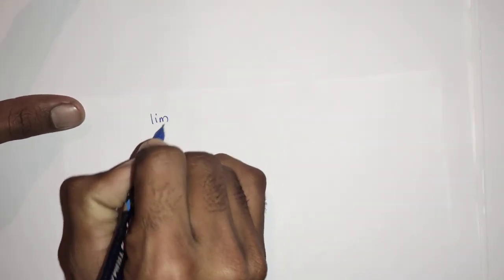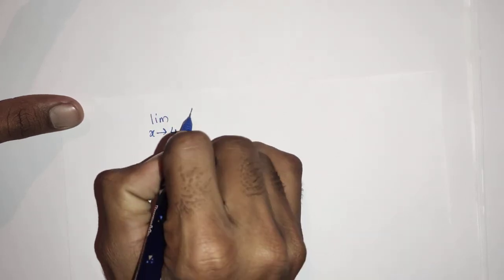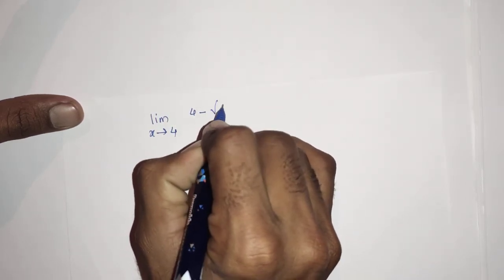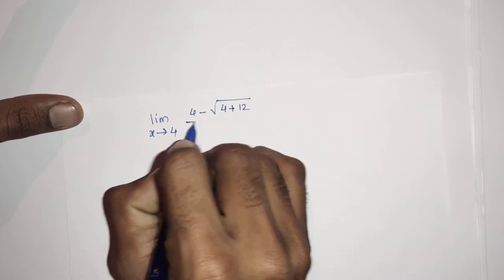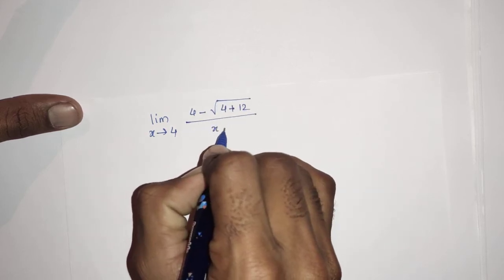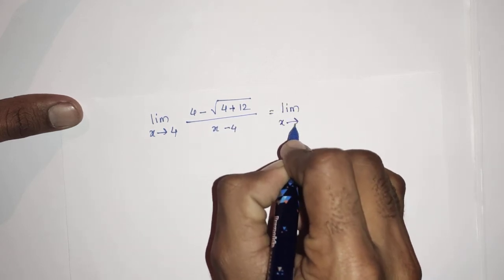Limit x tends to 4, 4 minus square root of x plus 12 divided by x minus 4 is equal to limit x tends to 4.